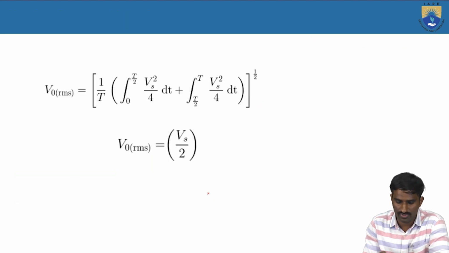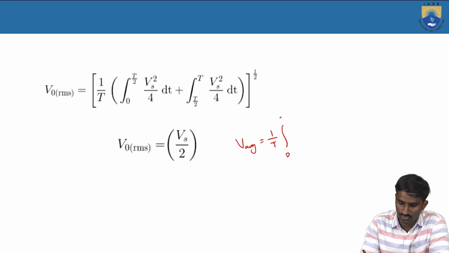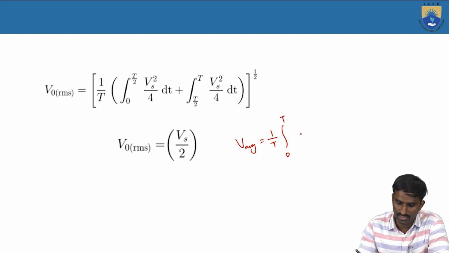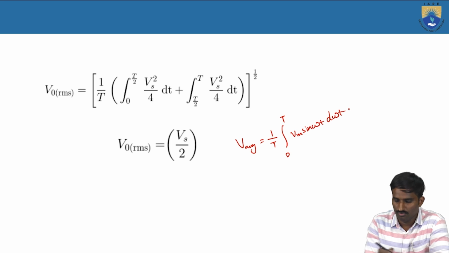Of course for average, let us consider V average, where the standard equation is 1 by T into integral 0 to T Vm sin omega T d omega T. But here instead of sine wave we got the square wave.